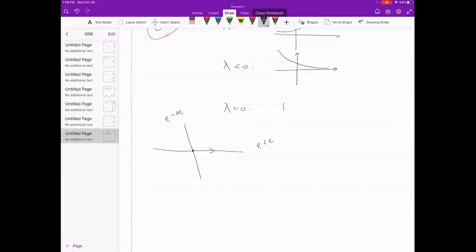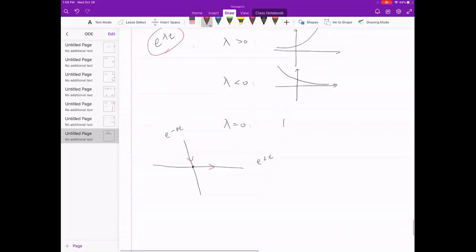That means if you start from 0, 0, you go back as t goes by. Make sense so far? Okay. That means this will be able to tell you source or sink of your equilibrium if you just look at this. Make sense so far?